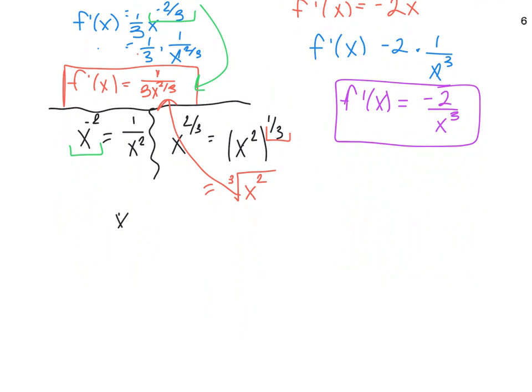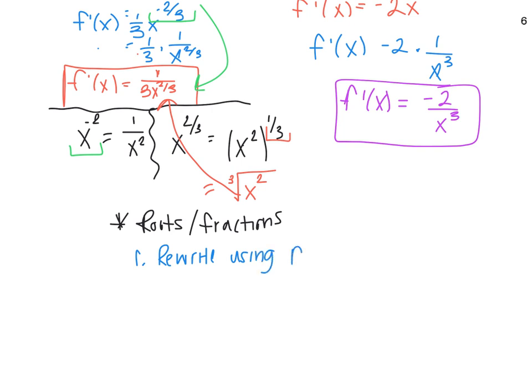Just to summarize, when you take the derivative of roots or fractions with x in the denominator, we will follow these steps. Rewrite it using powers, x to a power. In order to use the power rule, you have to write it as x raised to some power. Then you differentiate using the power rule.